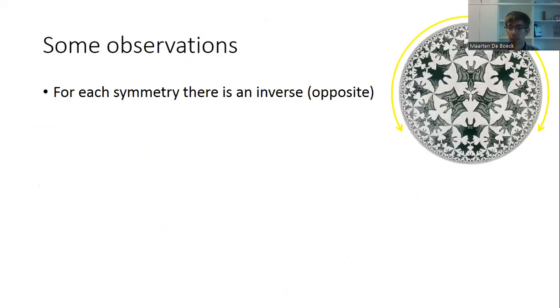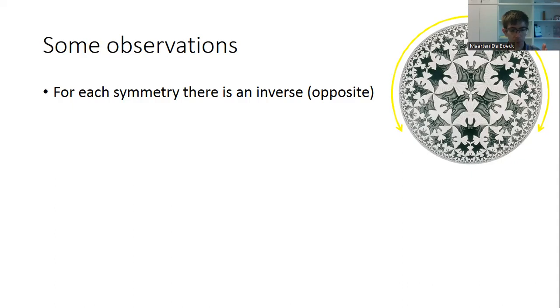For each symmetry, there is an inverse, or an opposite, if you want to call it like that. If turning clockwise over 120 degrees is a symmetry, then obviously turning counterclockwise over minus 120 degrees is also a symmetry. And this is true anytime. Of course, a reflection is its own inverse.